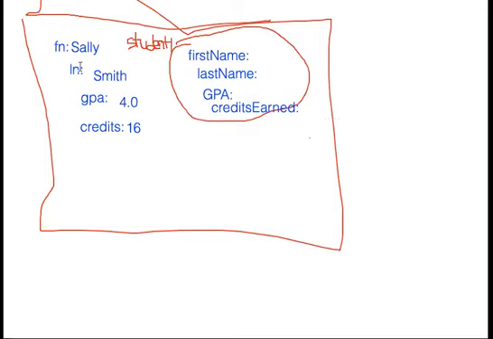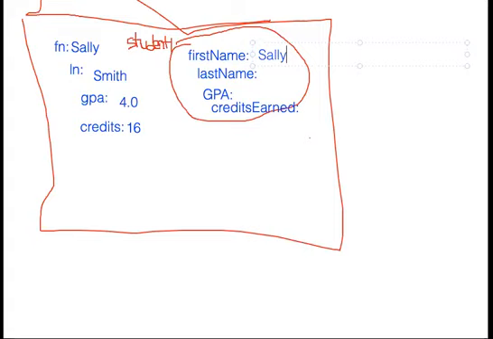Then the data starts to be transferred from these local variables into my student variable when I use the methods of the class. So when I call student1.setFirstName and pass in my local variable fn, it takes the local variable fn, Sally, and assigns that to the first name that's in the class. It does that because of the code we included inside that setter method.